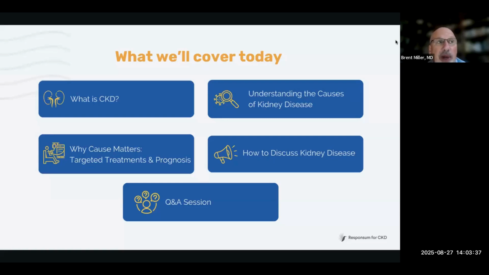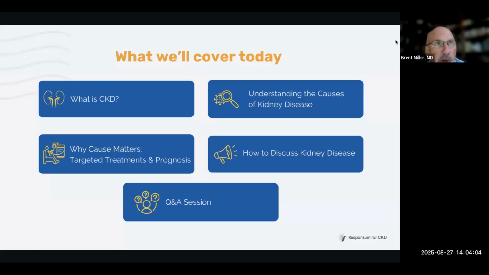And this is how we came up with the CKD staging process, which is great, and we'll talk a little bit about that. But what's happened is that a lot of the people involved in healthcare, such as Medicare, the insurance companies, et cetera, have then labeled this as a diagnosis. And so often people are now just defined by what their kidney function is. And that's just one aspect of it.